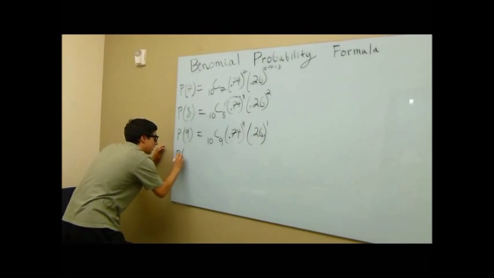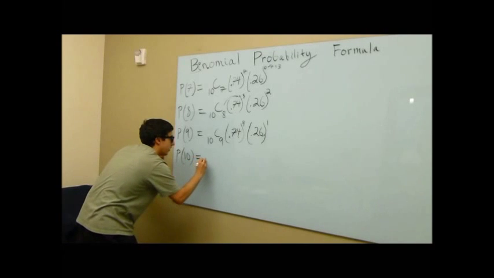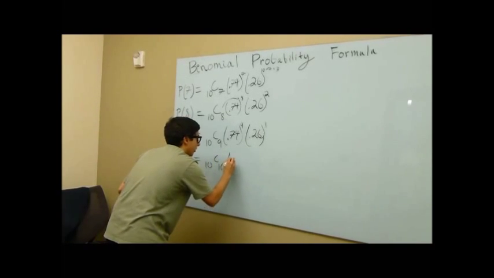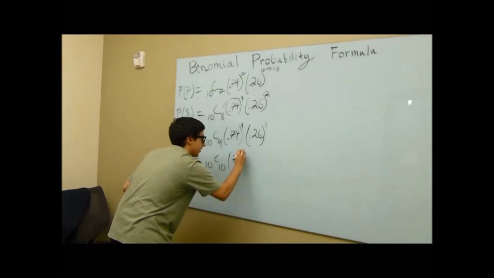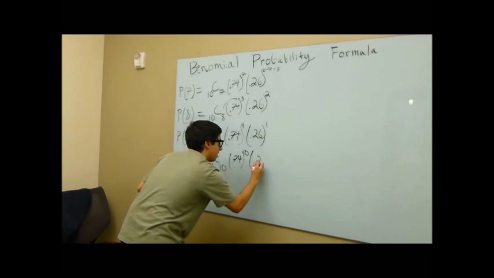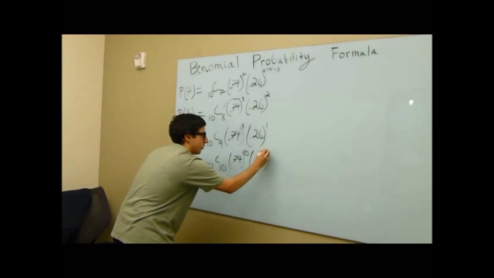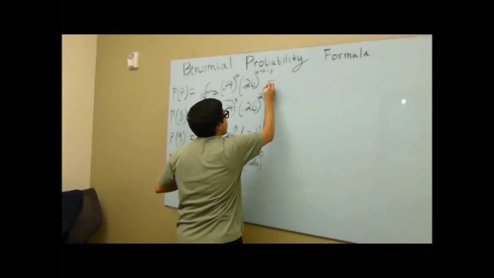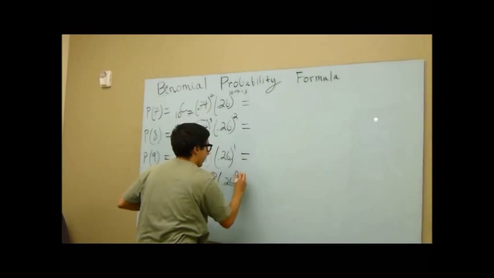And our last one, out of 10, the total number of occupants end up wearing their seatbelts. So the probability of failure would be 0.26 to the power of 10 minus 10, 0. So when we do these, I already have the calculations.